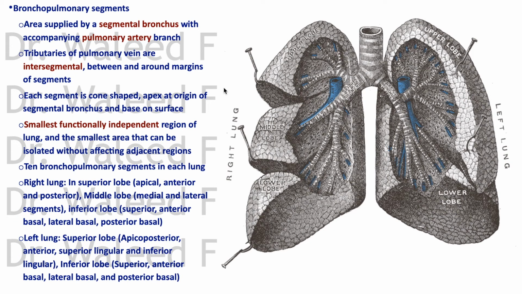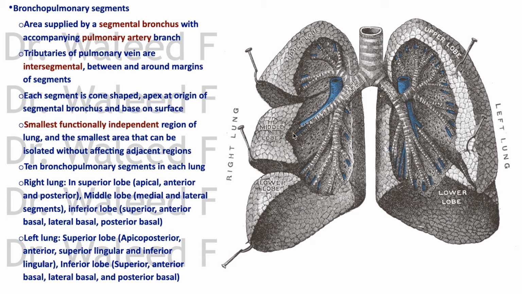Okay, bronchopulmonary segments. A segment of the lung means that it's part of the lung that's supplied by a tertiary bronchus. They found out that this tertiary bronchus, with the part it supplies, the bronchus represents the apex, and the part it supplies on the surface actually makes a pyramid.